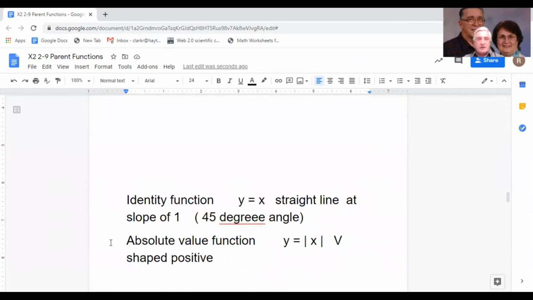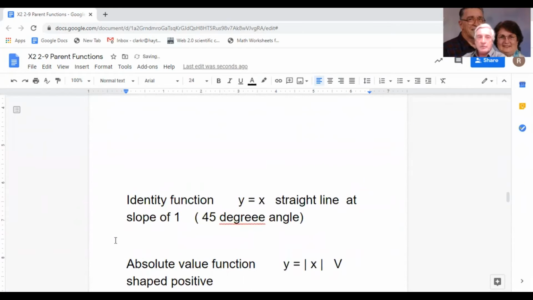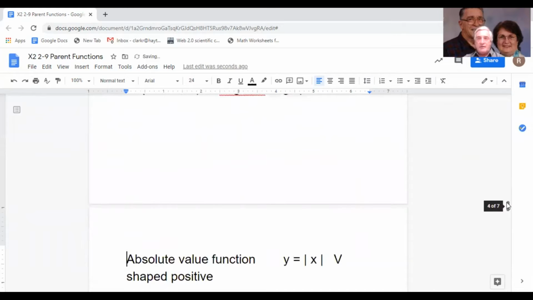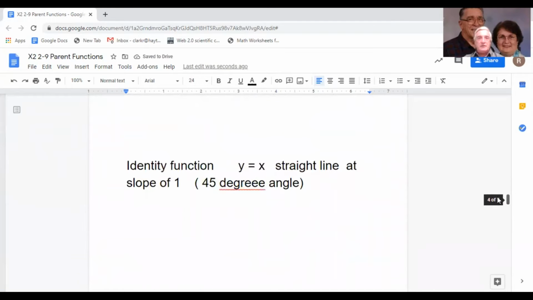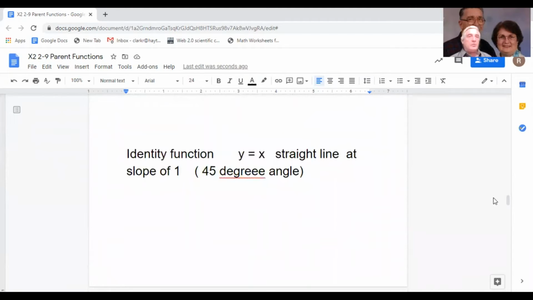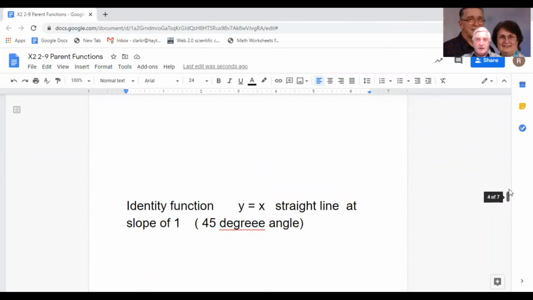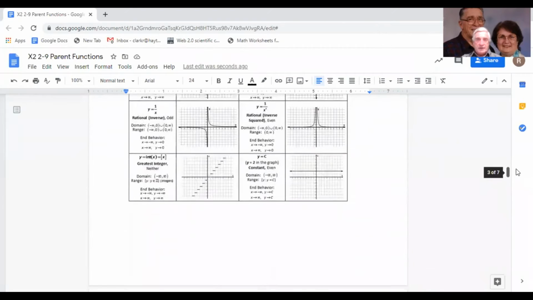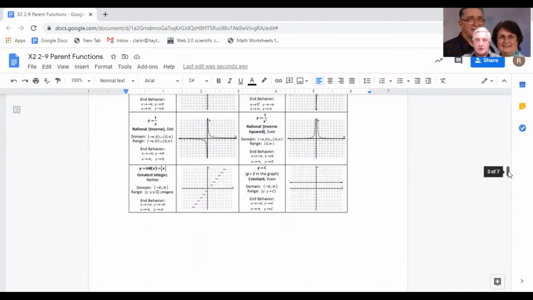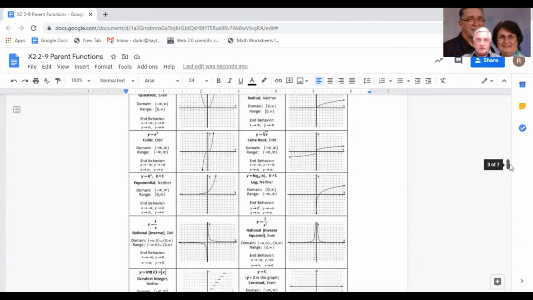After the constant function, I have the identity function. This is where y equals x. It's a line that goes up at a 45-degree angle, and it has a slope of 1. Now, let's go up now and see if we can find a function in our chart that goes right up the 45-degree angle with one solid line.